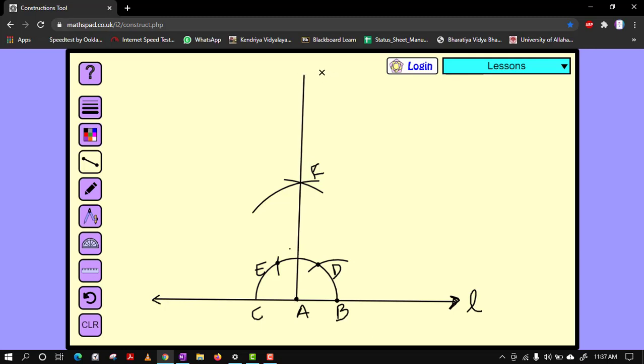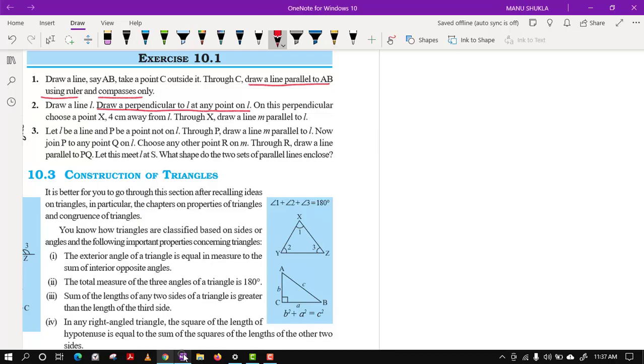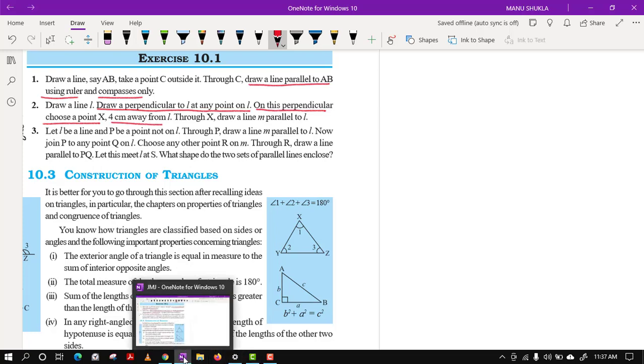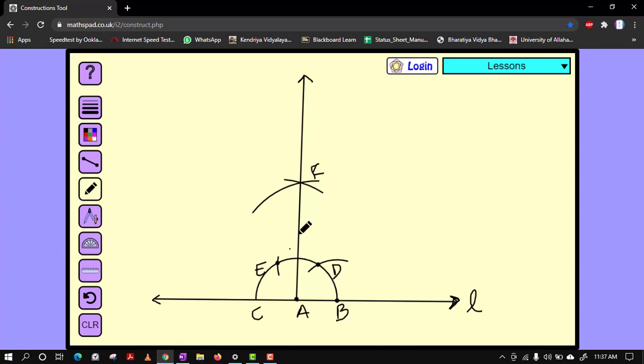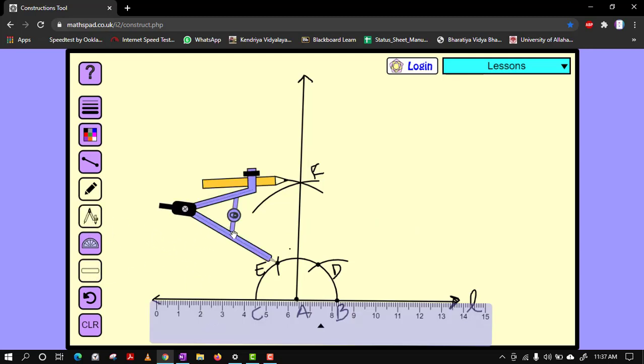That's it. Now let's see what to be done further. It is saying, after drawing the perpendicular, on this perpendicular choose a point X 4 centimeter away from L. So we need to take a point X on this given line at a distance of 4 centimeter. For that, let's take our scale and the compass.